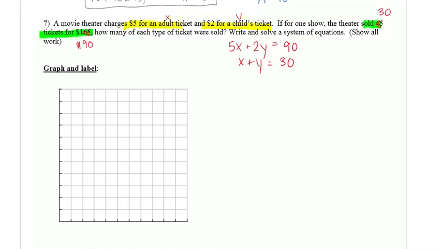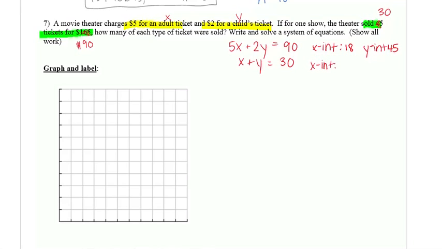And if I'm graphing this on my coordinate plane, I can find some intercepts. So for my first one, my x-intercept, if I said the y is 0, 5x equals 90, means that my x-intercept is 18. And my y-intercept, if the x's were 0, would be 45. And this one here, it's nice.